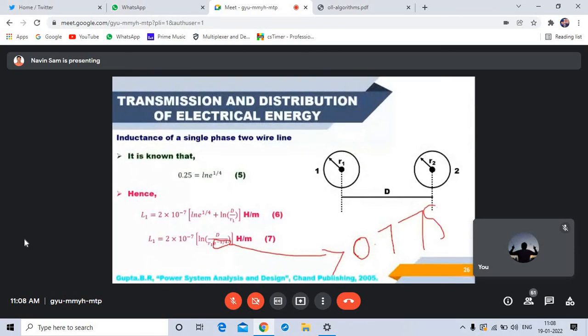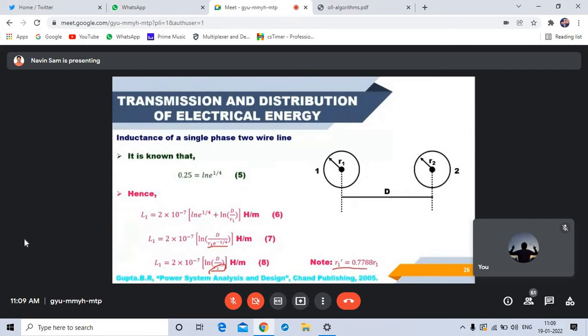That's it. So now what I'm going to do is write this equation number 7 like this. Here, this R1 e power minus 1 by 4, I'm going to consider as R1 dash. This R1 dash is equal to 0.7788 R1. That's it.